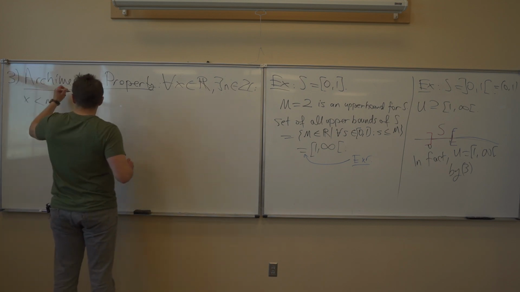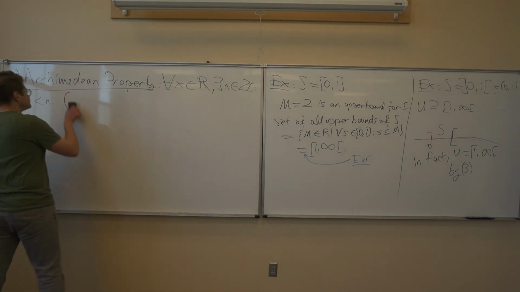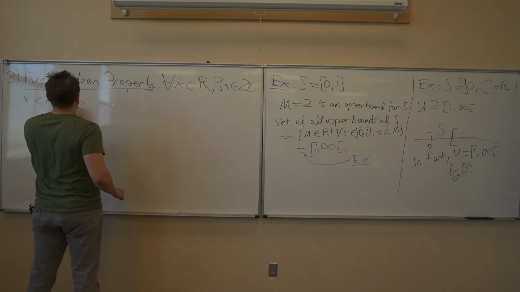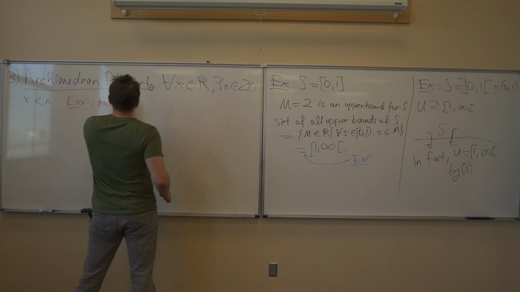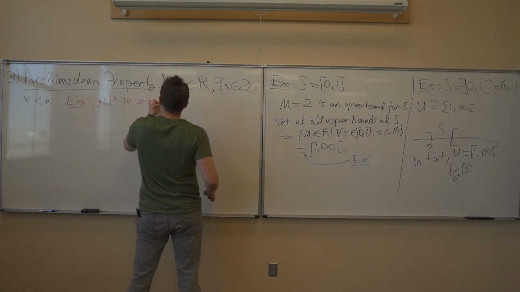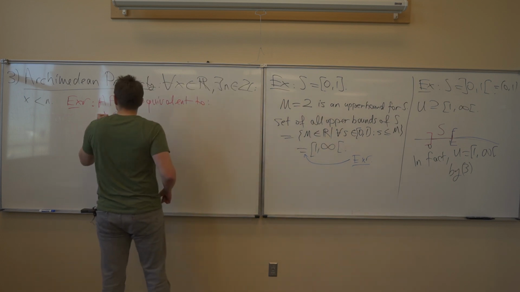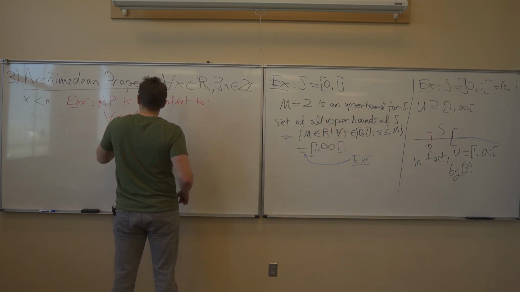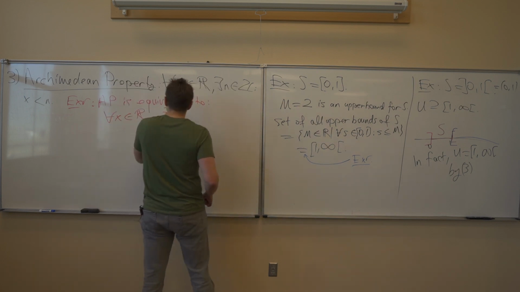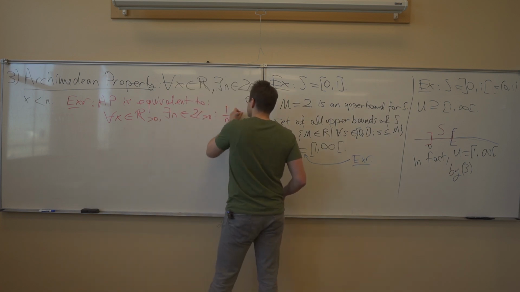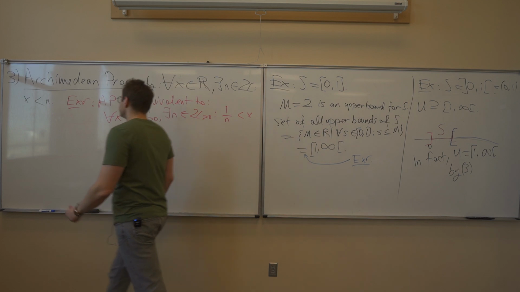You can also say this, maybe as an exercise: AP is equivalent to, for any x positive, there is a positive integer n such that 1 over n is less than x.